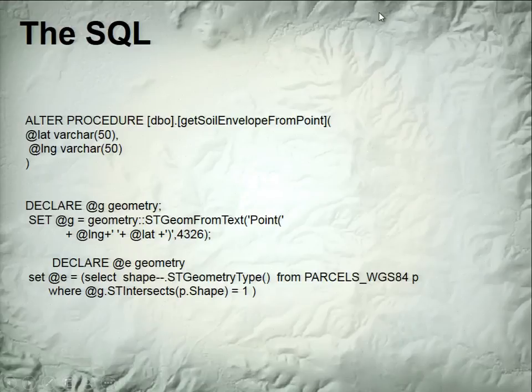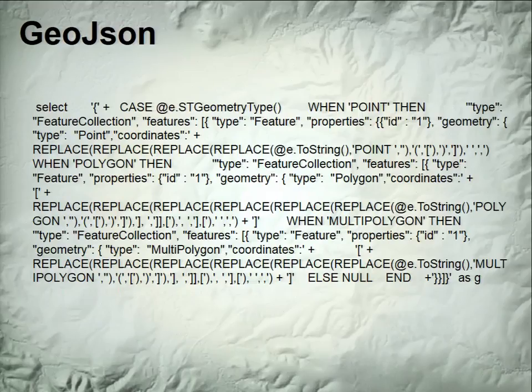And then within the rest of that stored procedure, it parses it to GeoJSON. GeoJSON, the web is ready to consume JSON. It's built into browsers. It's been built into lots of JavaScript libraries. I didn't write the parsing to the GeoJSON. Google found it for me. Someone else already did that for me.